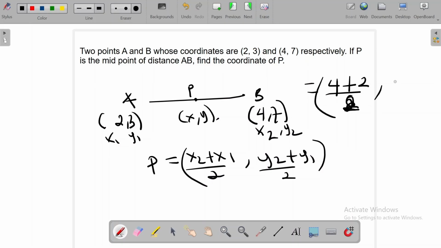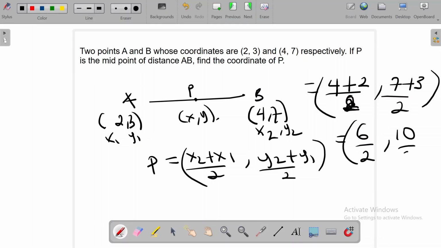Y2 is 7 plus Y1, that is 3, divided by 2. So this gives me 6 over 2 and 10 over 2. So I'll end up with what? 3, 5. So the midpoint between point A and point B, or coordinate A and coordinate B, is 3, 5.